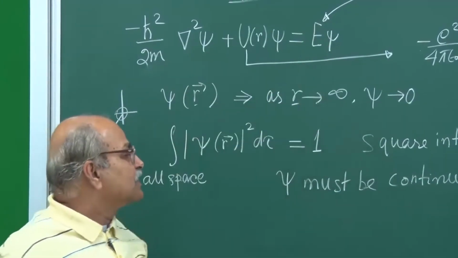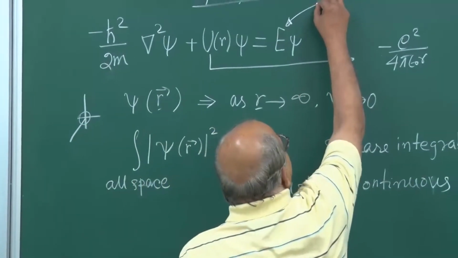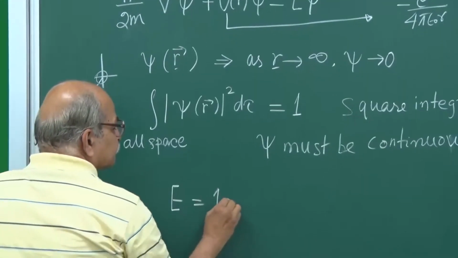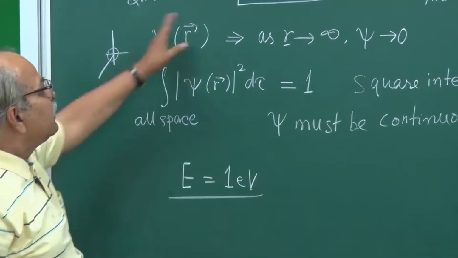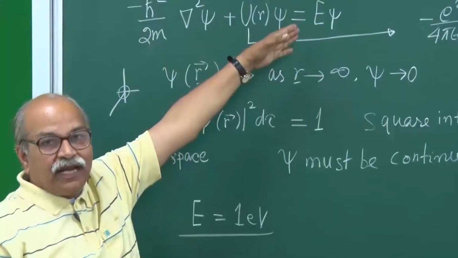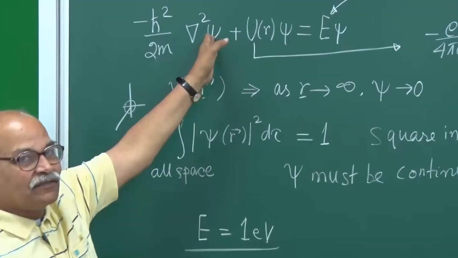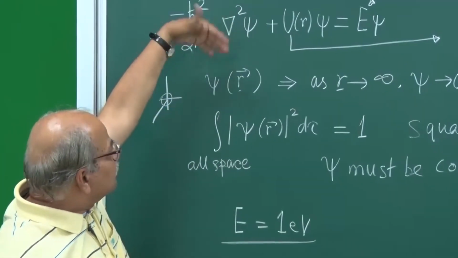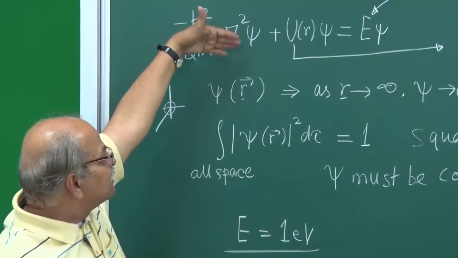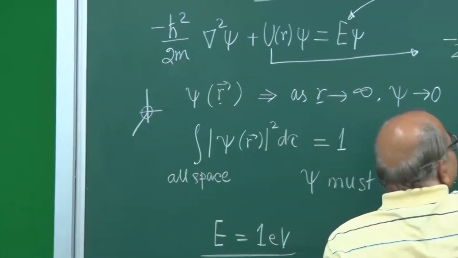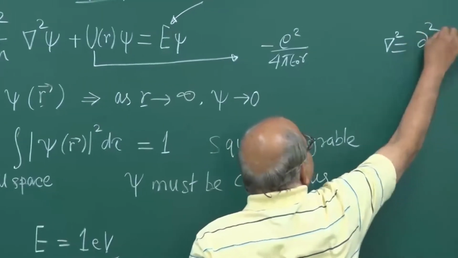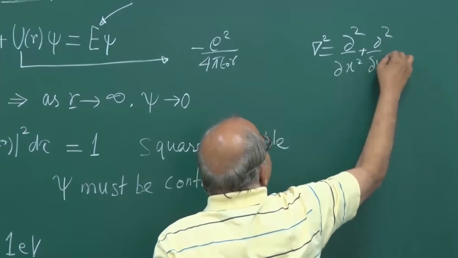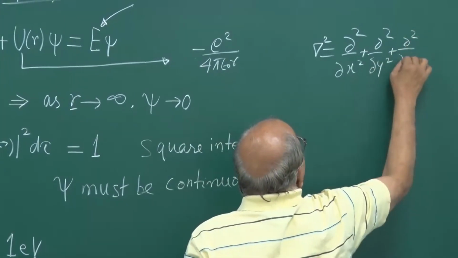So suppose this is the equation, and suppose for this capital E, I write 1 electron volt. The equation is still there, and I ask: tell me what functional form psi I should put here, so that when I do all that second differentiation with respect to x, y, z, etc. Remember that this del square is del 2 by del x square plus del 2 by del y square plus del 2 by del z square.